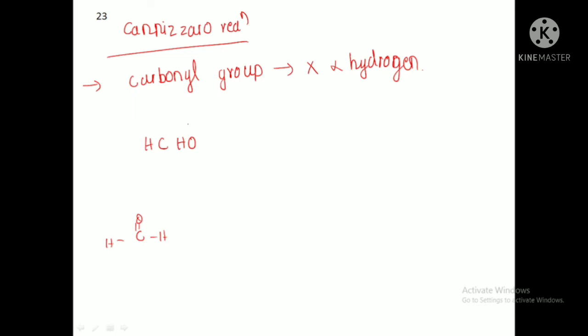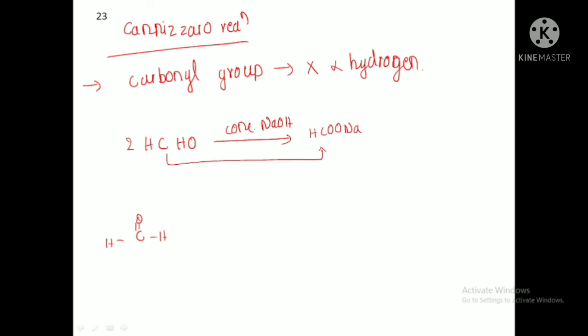Now two molecules of this react with concentrated alkali, concentrated NaOH, or you can even take KOH. There are two molecules, one will be oxidized. Oxidation of this aldehyde will give HCOONa.